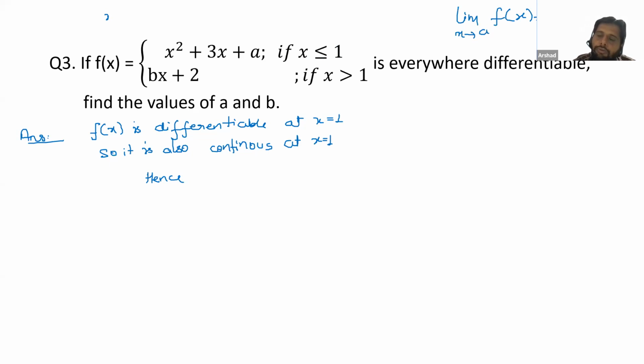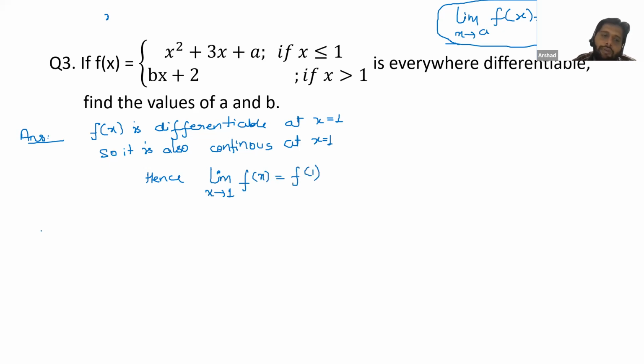Is it clear, Abdul? Yes. Okay, so for continuity we have this condition. This is your last topic of this chapter, so please focus here. Limit x tends to a f(x) is equal to f(a). Hence, we can say here limit x tends to 1 f(x) is equal to f(1).